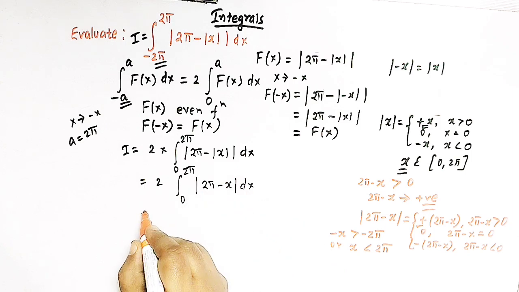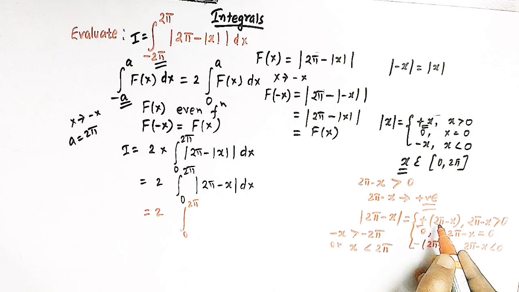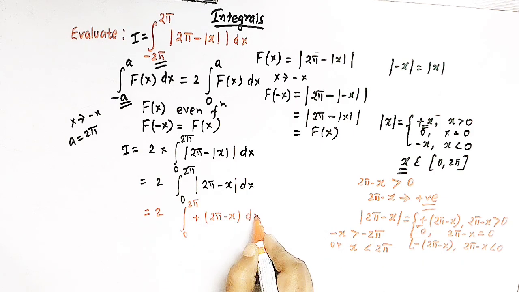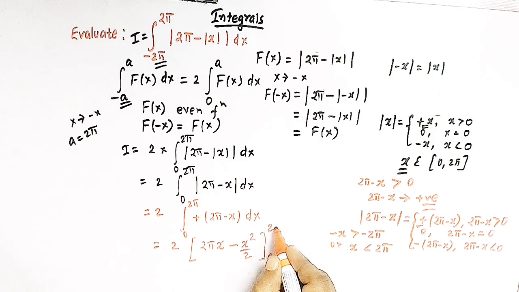So now we can replace here this mod of 2 pi minus x as positive 2 pi minus x dx, and now we can easily find out the integral of 2 pi minus x. So we have here the integral of 2 pi dx as 2 pi x and x dx as x square over 2, and the limits of integration are from 0 to 2 pi.